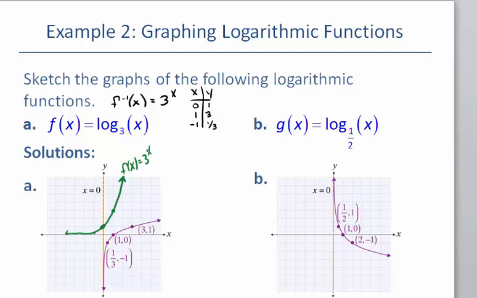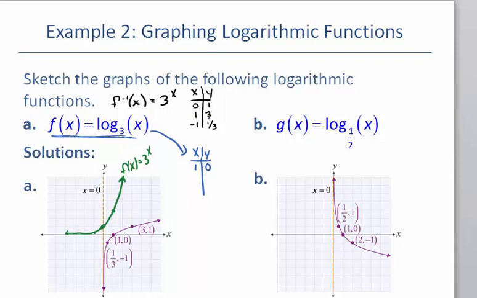Now, the idea is that the log function that we're being asked to draw here is the inverse of the one I just drew in green. So remember what that means in terms of what happens when you go from a function to its inverse. Remember that the x's and the y's switch places. So if I'm going to plot this function, instead of having the point 0, 1, I'm going to have the point 1, 0.